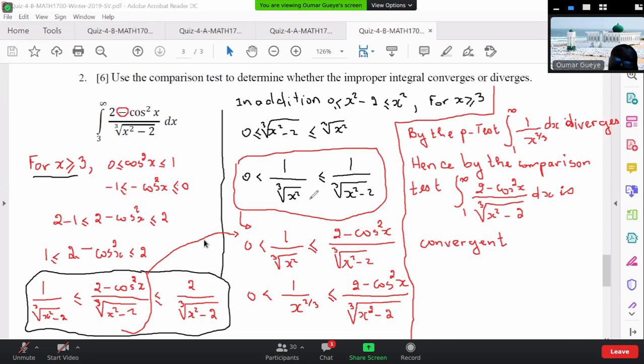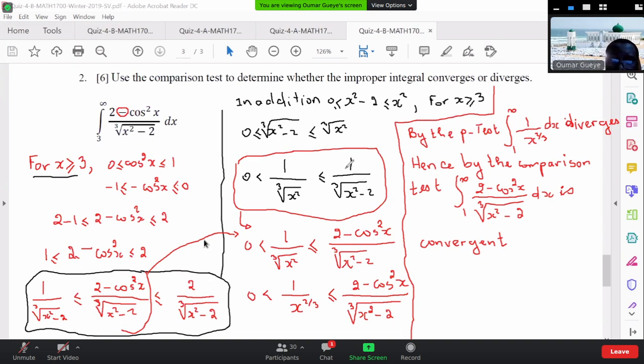And as I said, if the smaller function is divergent, the integral of this smaller function is equal to positive infinity, because the function is also greater than 0. But if the integral of this function is equal to infinity, the integral of this function, which is greater than infinity, cannot be a number. It could be only infinity.